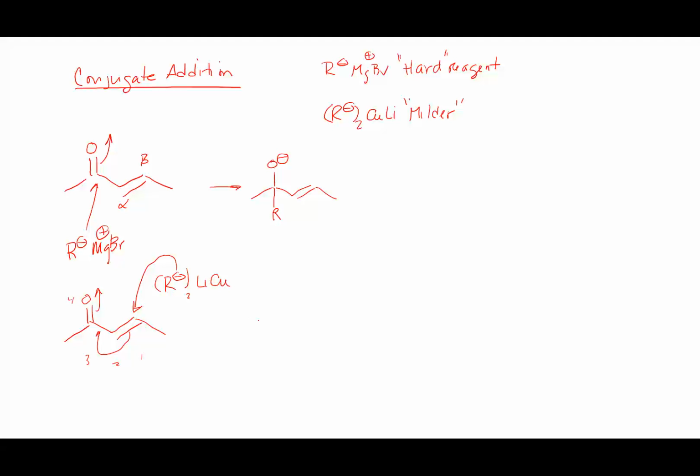And so the product of this is going to be an O-, a double bond there, and then the R group will have added to, again, the beta carbon. And then when we add H plus to this, we're going to go ahead and protonate that.